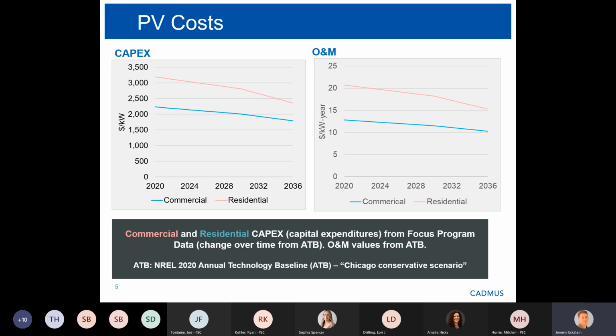But again, these are based on actual costs from the Focus on Energy program. For the operations and maintenance costs, we're using the ATB study. And apologies for the way that the graph looks. Teams has pulled it in a kind of interesting way there. So that's our costs.